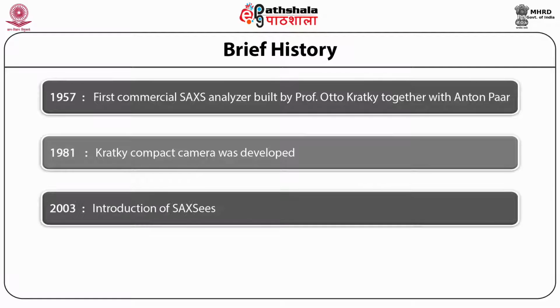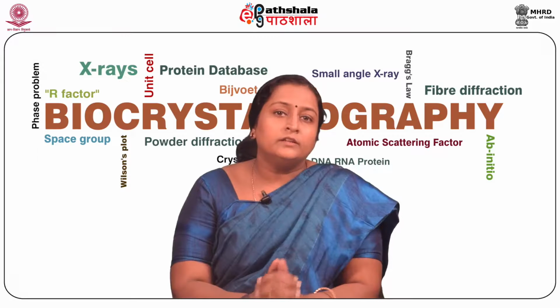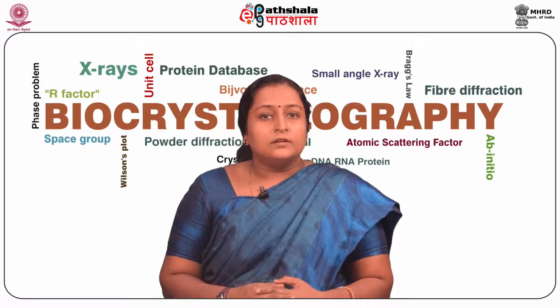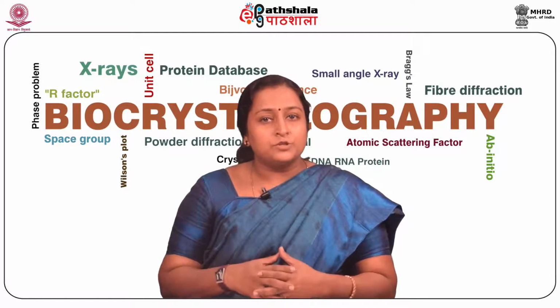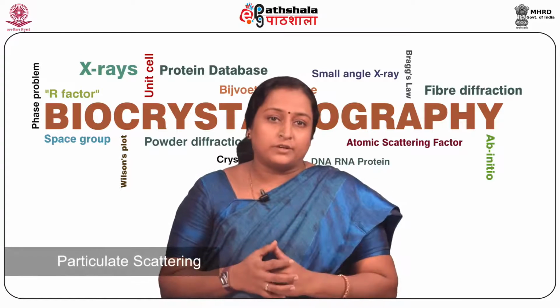In 2003, they introduced SAXS that features X-ray beam monochromatization. In 2012, several new features were included in the SAXS and they named it SAXSpace. In the year 1938, Guinier postulated X-ray small angle scattering of an isolated particle as particulate scattering.